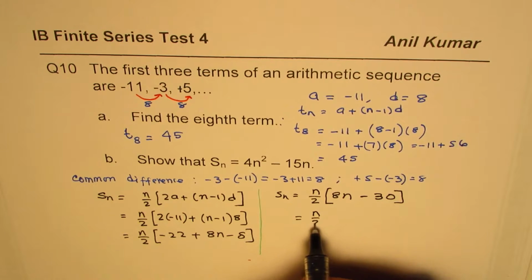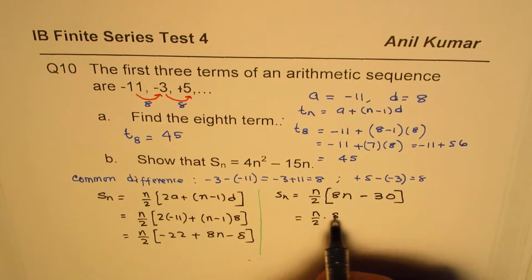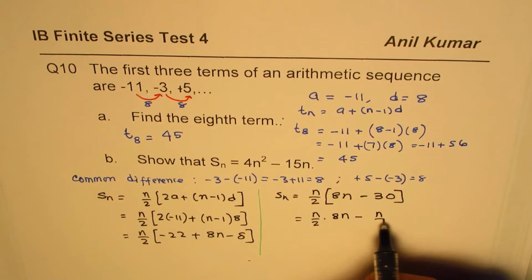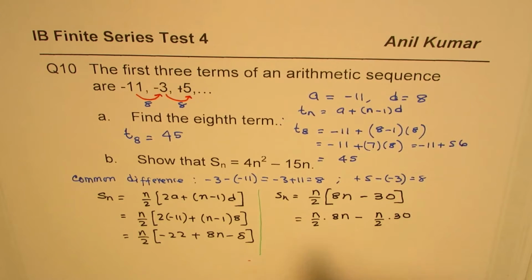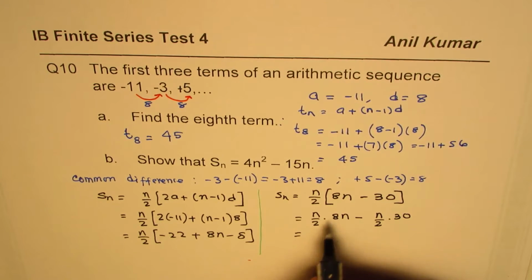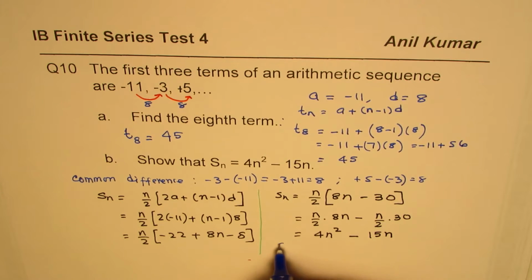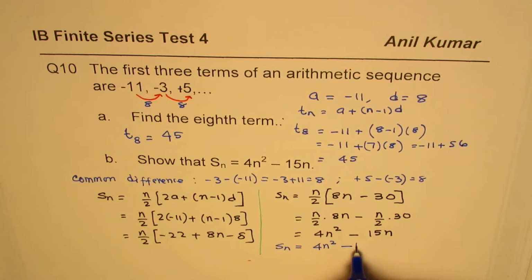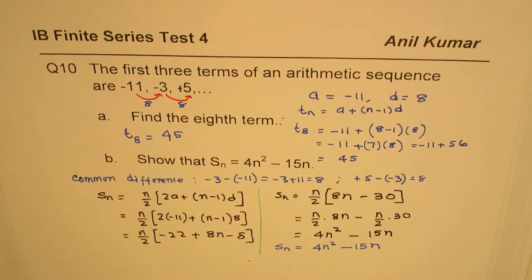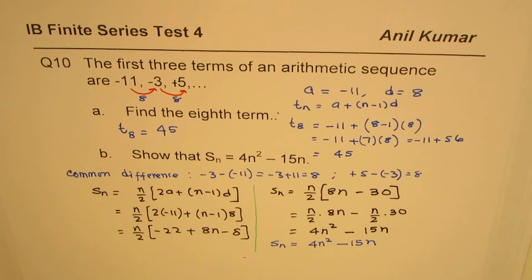So n by 2 times 8n minus n by 2 times 30. So 2 goes 4 times. We can write this as 4n square minus 30 divided by 2 is 15, so we have 15n. So we have proved that Sn is equal to 4n square minus 15n. Correct? So these are the steps which should be involved to prove the second part.